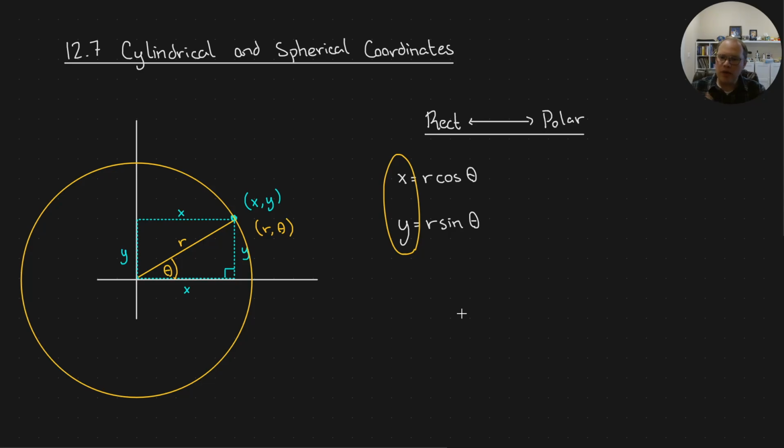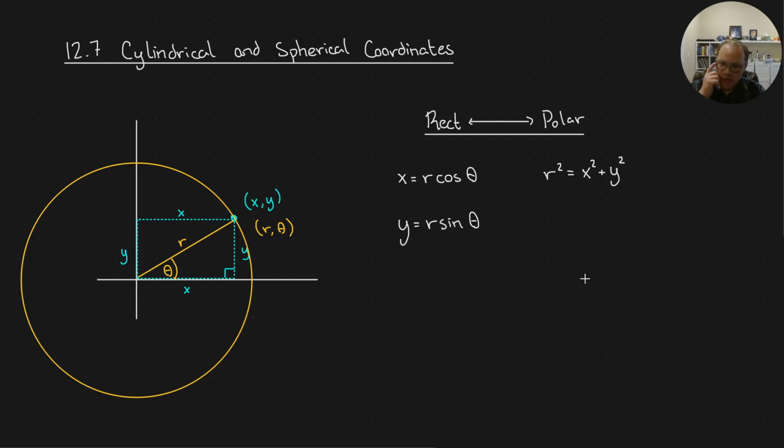Okay? Can we go the other way, though? If we know x and y, can we find the corresponding polar variables? Can we focus on r and theta like we have focused on x and y in these 2 equations? Well, for r, what I notice, r is the radius of the triangle, right? The hypotenuse of the triangle, and it's a right triangle. So if I combine that with x and y, I can find r using the Pythagorean theorem. So the Pythagorean theorem gives us r squared equals x squared plus y squared.